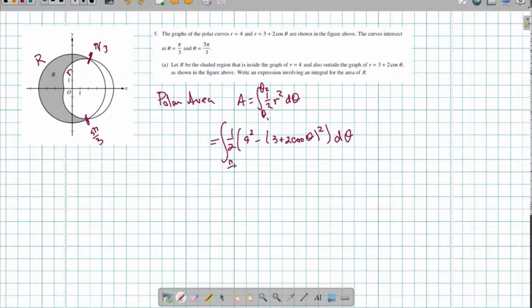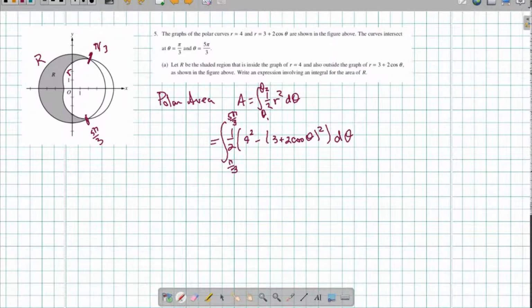They told us the limits were pi over 3 and 5 pi over 3. So I've got an integral that expresses the area: the area of the outside circle, 1/2 r squared, minus the area of the cardioid, 1/2 times (3 plus 2 cosine theta) squared.